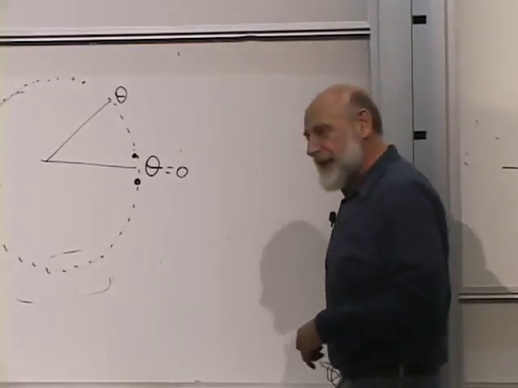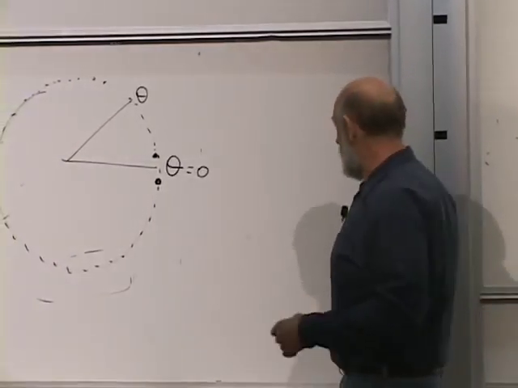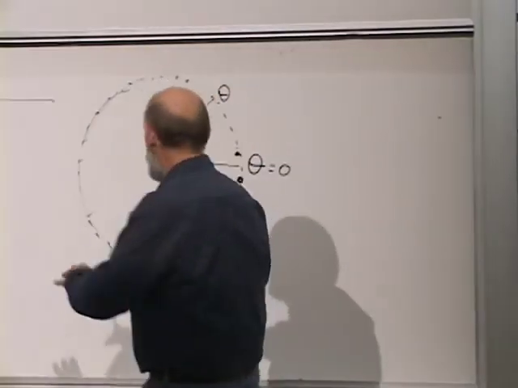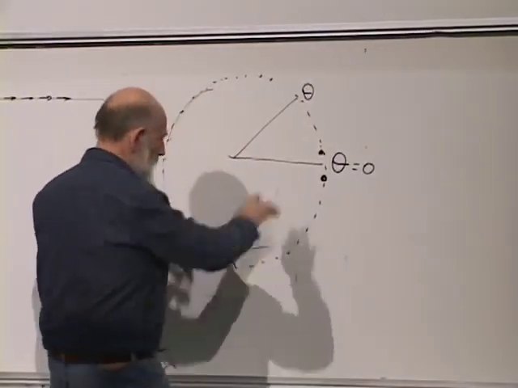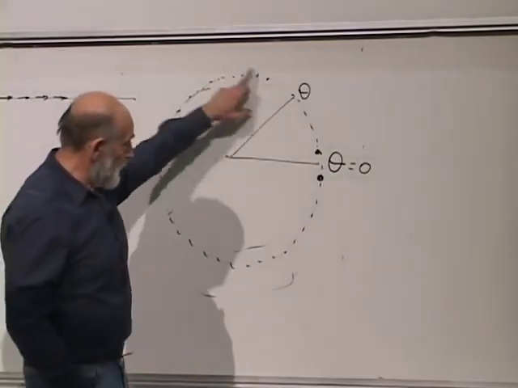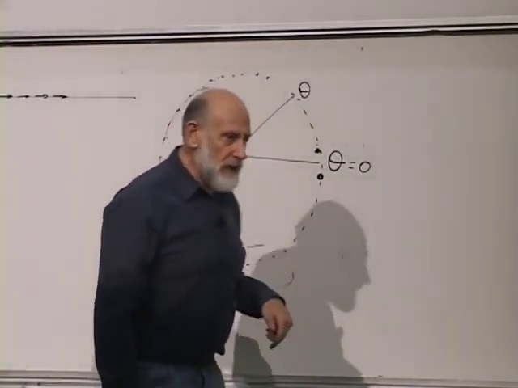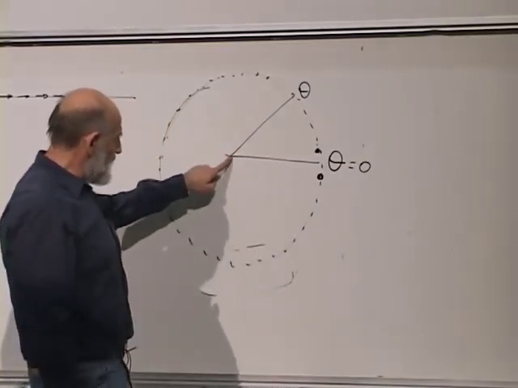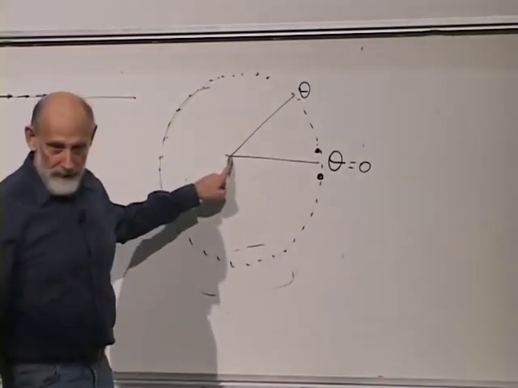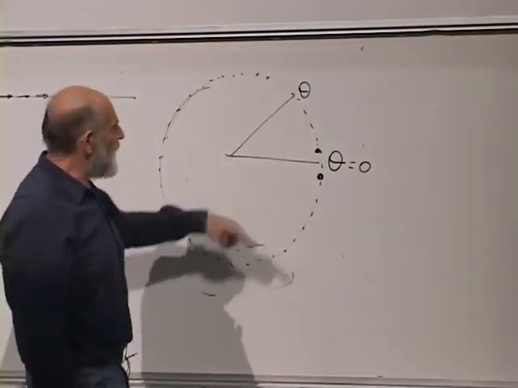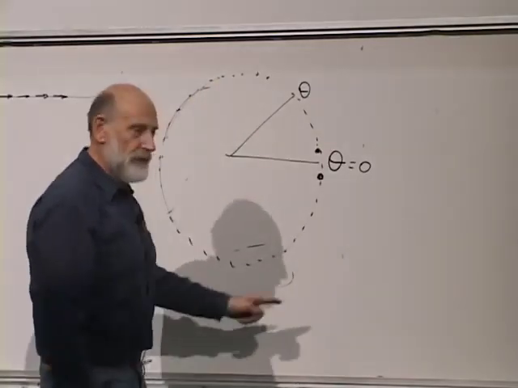Again, let's suppose for the moment that the little bugs who live in this world have no sense of radius because they have no sense of where the center of it is. It's not in their world. But they do have a sense of circumference.